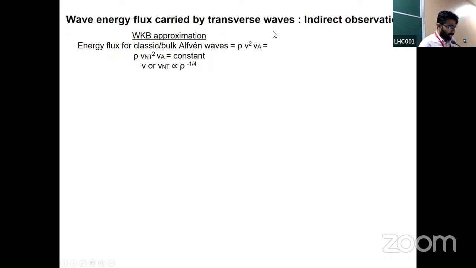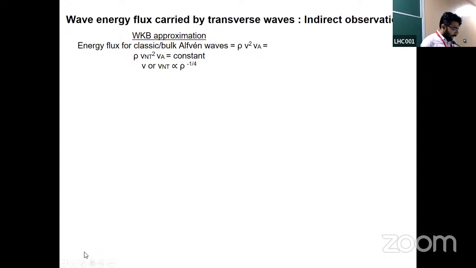And once you know the wave amplitude from non-thermal line widths, you can derive the wave energy flux. But it's important to note that this energy flux is for the classic or bulk Alfvén waves. It is for an infinite homogeneous medium, and homogeneous is important here because it means that the space is uniformly filled with plasma.